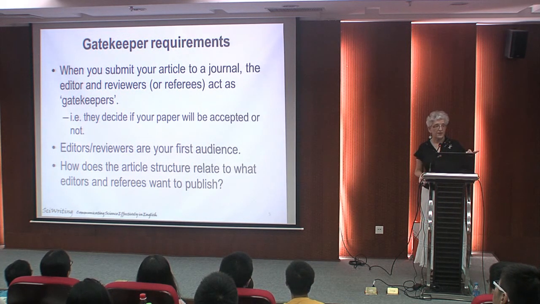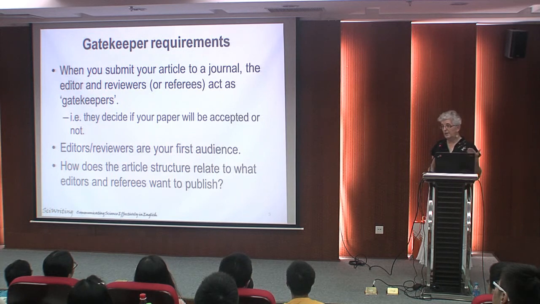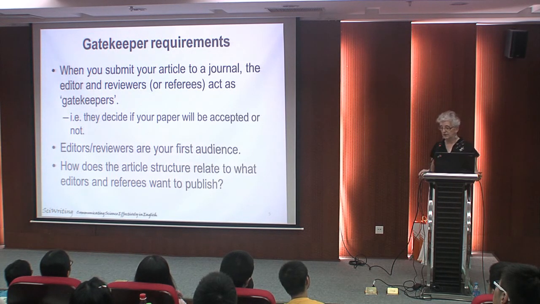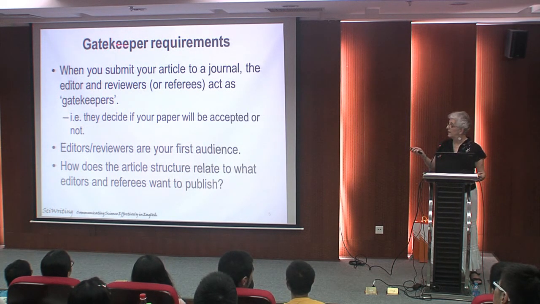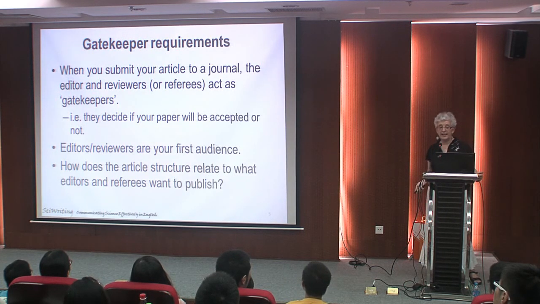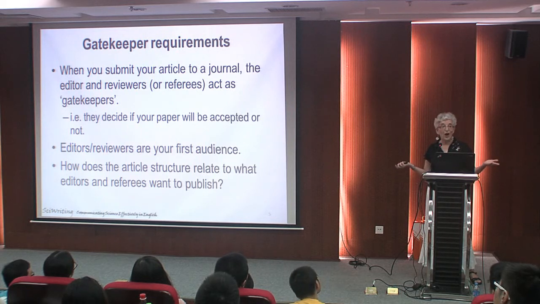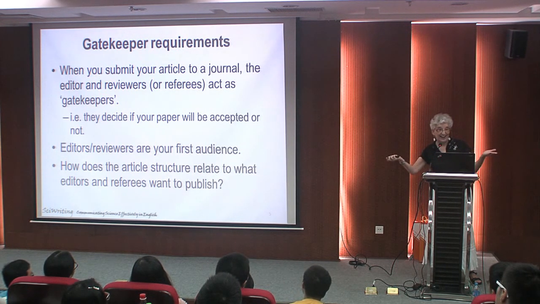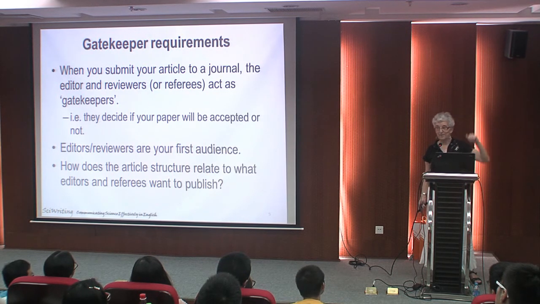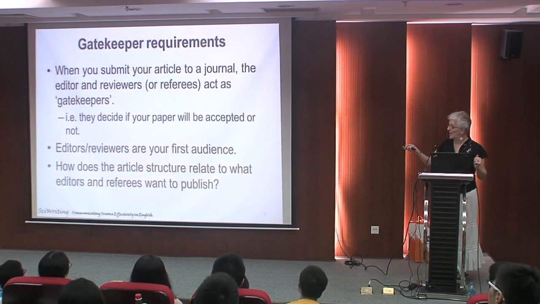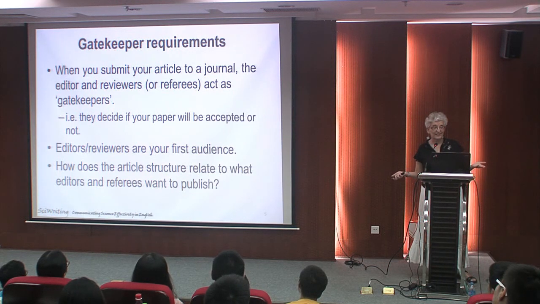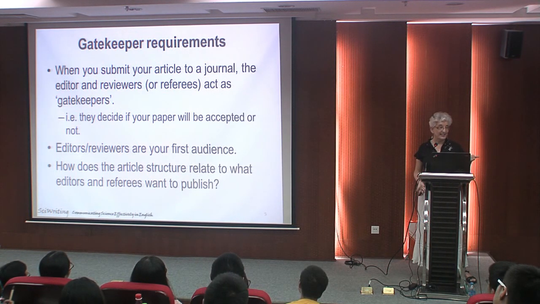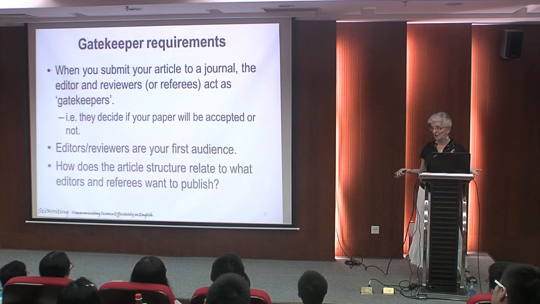Now it is important to think about the relationship between those parts of the article and the requirements of the gatekeeper. In China, I never have to explain what is a gatekeeper, because every gate in China has a gatekeeper. So, for your journal article, the gatekeeper is the editor and the reviewers of the journal.